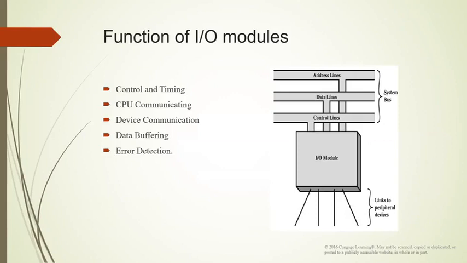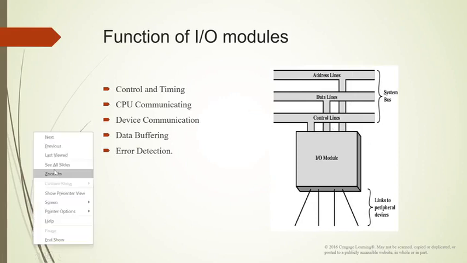Then we will move to the function of the IO module, the input output module. Here you can see the address or links come from the main memory or the CPU. Inside the CPU there are the address line, data line, and control line. Each line sends different data.